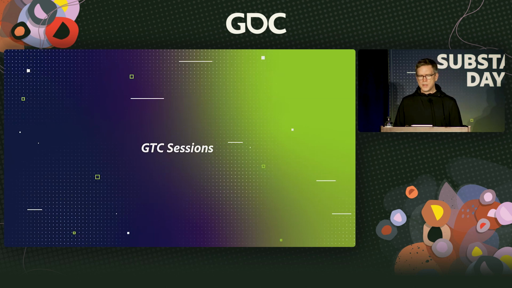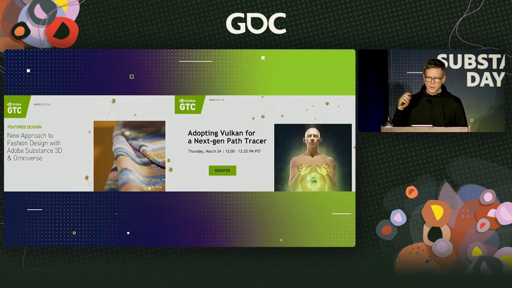So happening at the same time as GDC is GTC. So we will have more, and it's happening online. It's organized by NVIDIA, and we'll have 2 sessions there as well. So again, if you want to learn more about the Substance world, we have these 2 talk tracks, and the one on the left is held by Rob Bryan Jr. and Pierre, who's just here, about using the Substance 3D tools to create fabrics, among other things, and amazing work there.